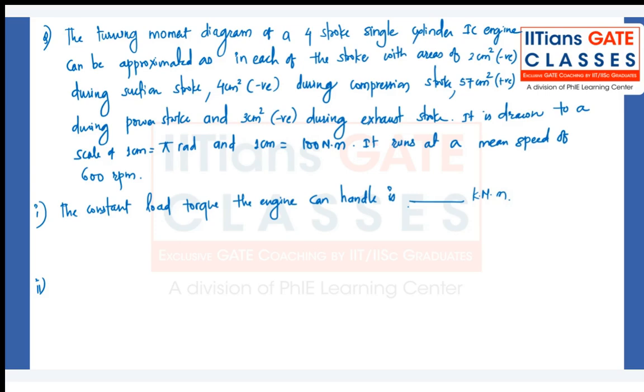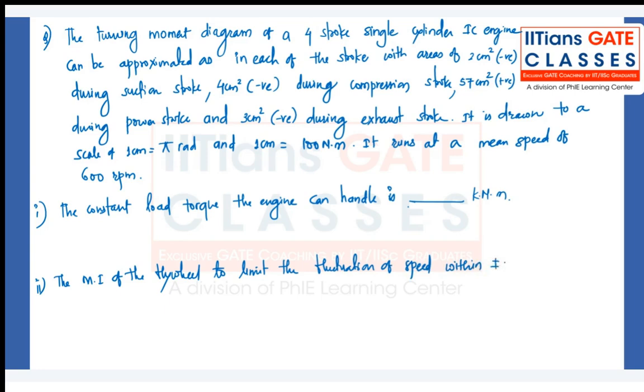The moment of inertia of the flywheel required to limit the fluctuation of the speed within plus or minus 1% of the mean speed is.